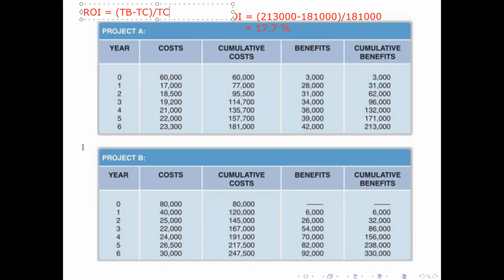Yes, can you tell me what is the ROI for project B? 33 point.